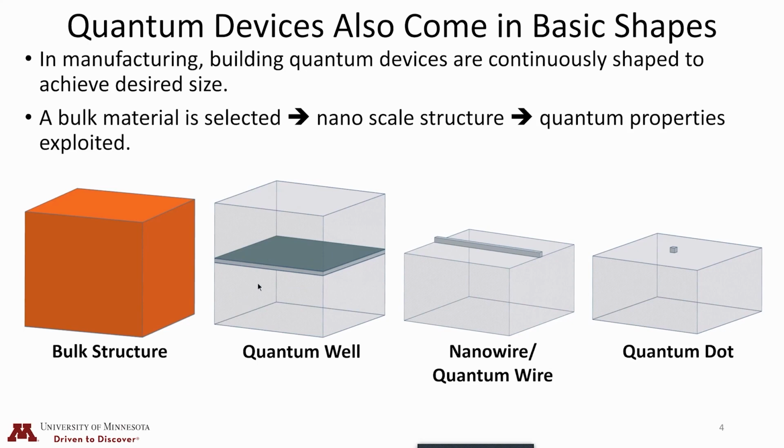But regardless, we can get shapes like this using various nanotechnology fabrication methods, both in the academic setting and in the industrial setting. So basically, you take a bulk structure. Let's just imagine this is a piece of metal, one giant chunk of metal.